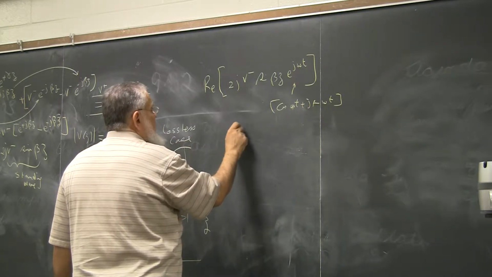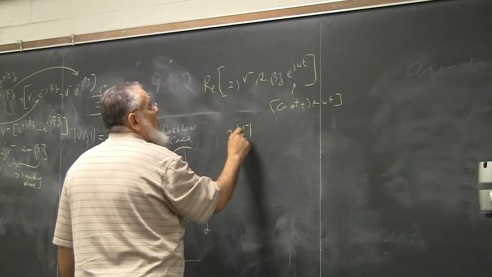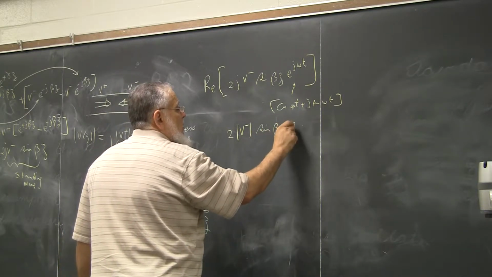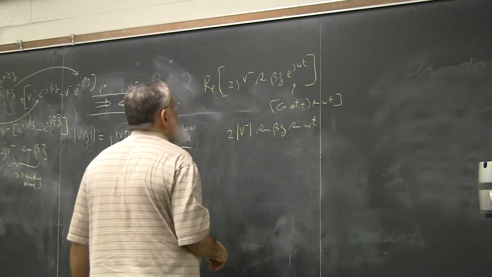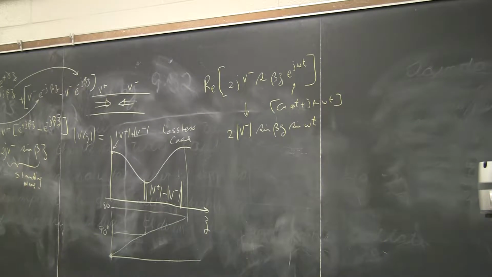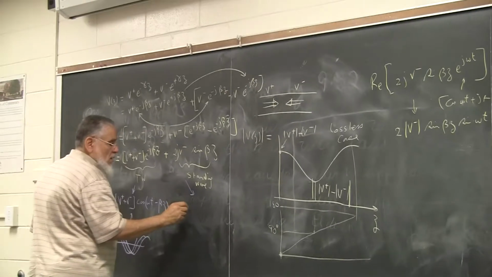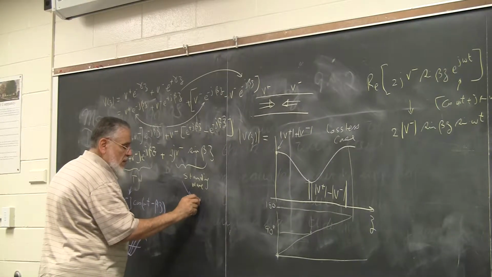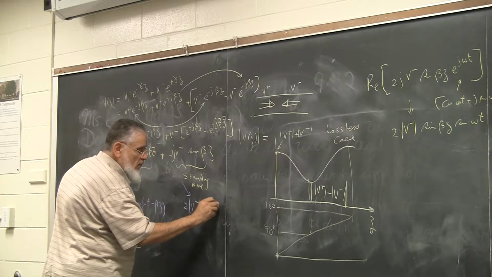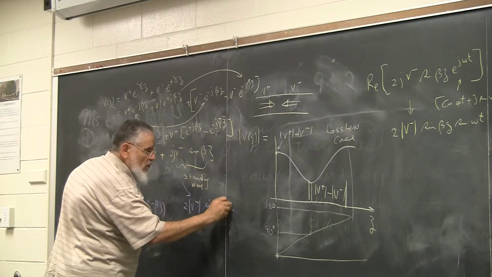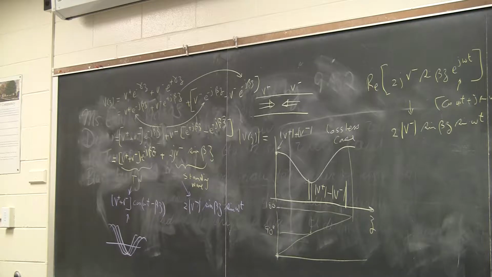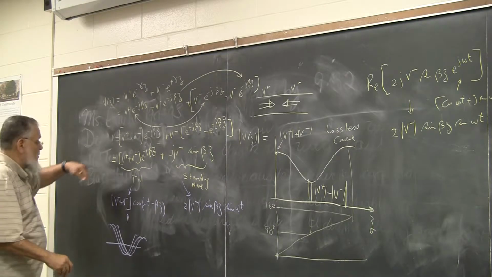So you end up with 2 v minus magnitude sine beta z sine omega t. That's the time domain part. So this one here converts to 2 v minus magnitude sine beta z sine omega t. Right? So that's the conversion of this.